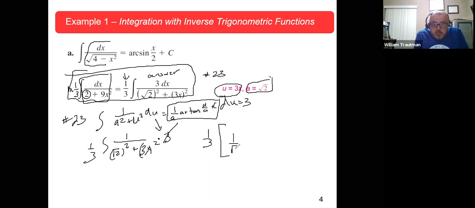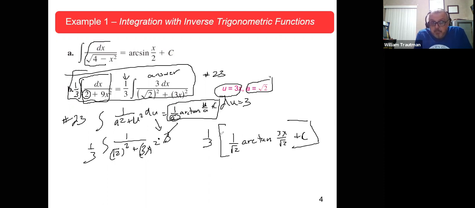Well, a is the square root of 2. One over a times the arctangent of u over a. U is 3x, a is the square root of 2, plus c. And there's our answer.